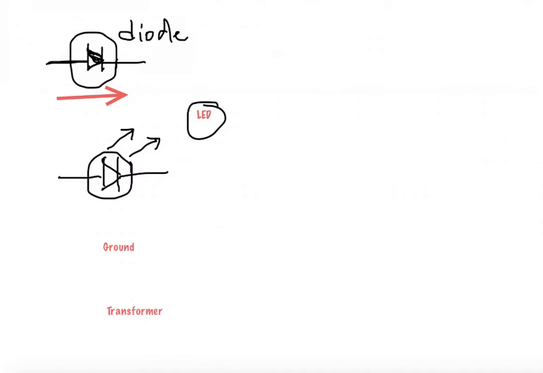So the LED is usually not a lamp, but it can create a sort of color, or it's not a light, but a very light light. So LED stands for light emitting diode.